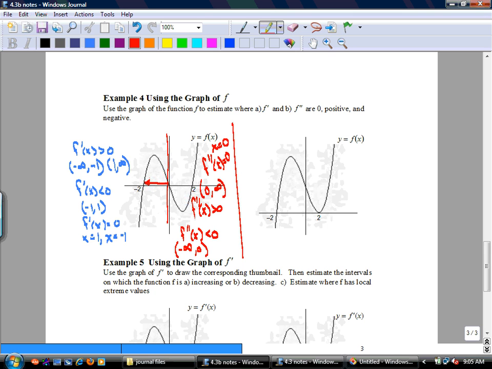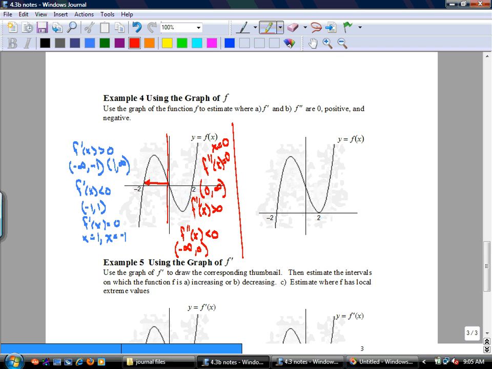Do you see that? The properties are exactly the same. The concavity and the increasing and decreasing are all the same. Oh, it's at 2.